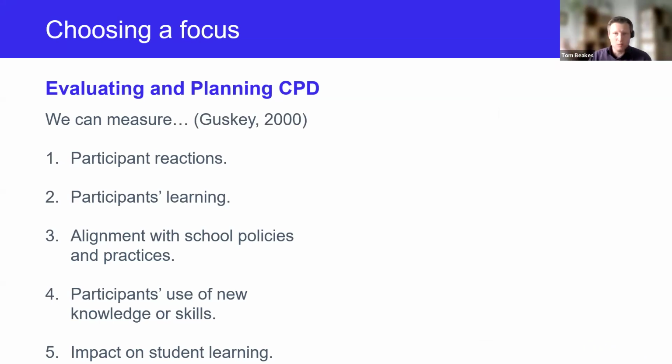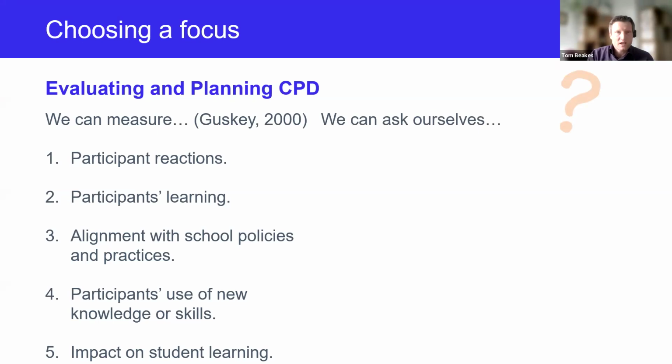This suggestion actually comes from my colleague, Sylvana Richardson. It's her idea, but she recommends turning these 5 levels upside down and making them into questions that we can ask ourselves to help guide us towards what we actually want to achieve with any CPD activity we have planned, and how we might best go about doing that. So we can think of it as reverse engineering effective CPD, basically.